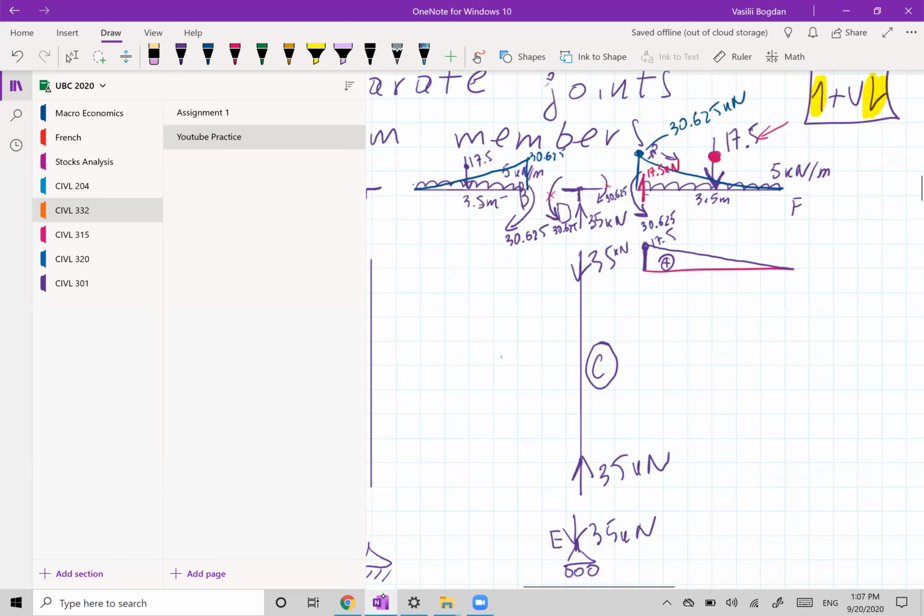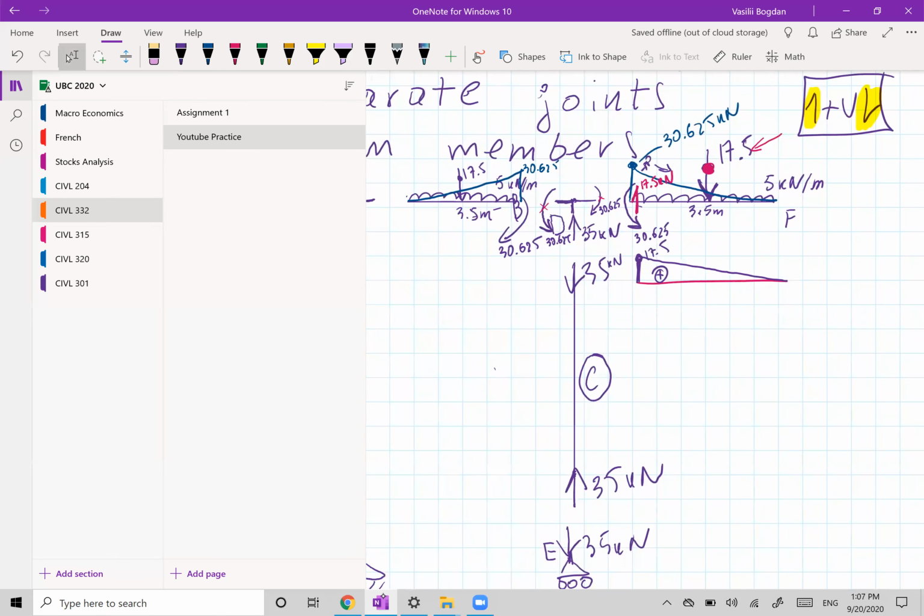So always walk from left to right. If it's downhill, easy, shear will be plus. If it's uphill, it's difficult, shear will be negative. So here, as you see, you're gonna walk up and it's gonna be negative. So you will have like this.